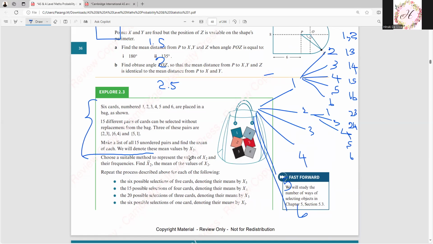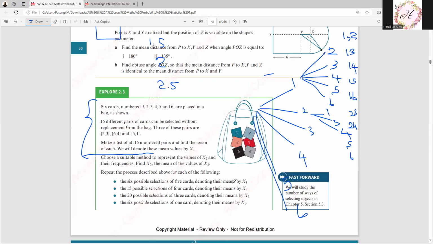Then repeat the process described above for each of the following. So once we do this, we can repeat this again and again. So the six possible selections of five cards.